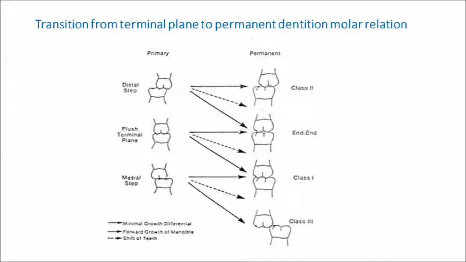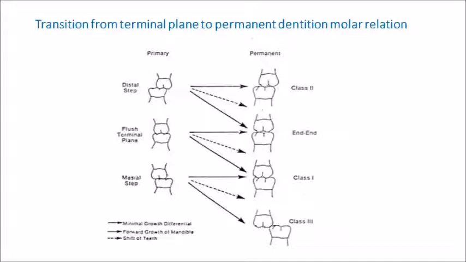Whereas, if the distal step is there in primary dentition and there is a forward growth of the mandible, then it can end up in an end-to-end relationship in permanent dentition. The permanent molar relationship will be end-to-end if there is a forward growth of the mandible along with the distal step in primary dentition.